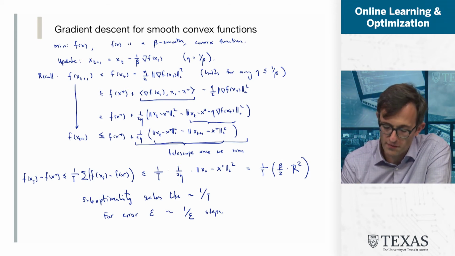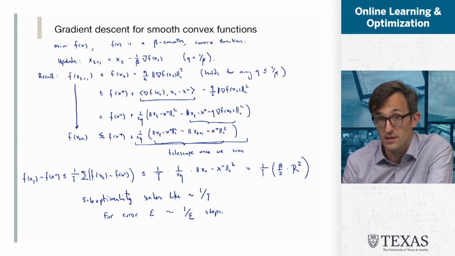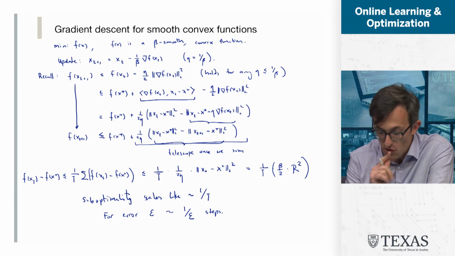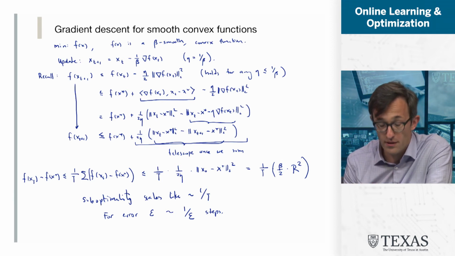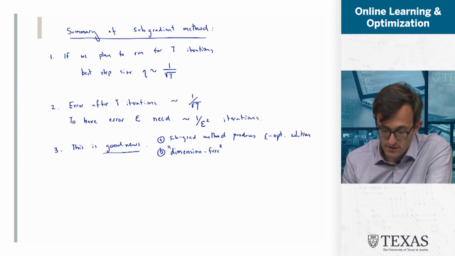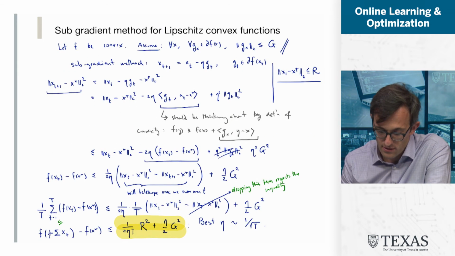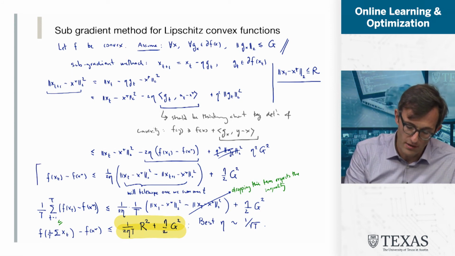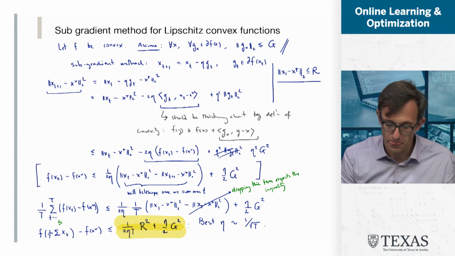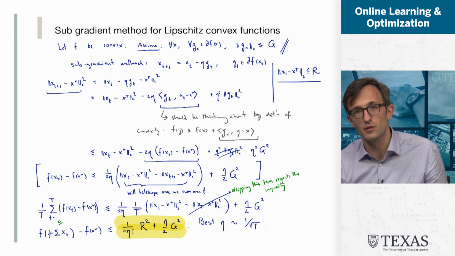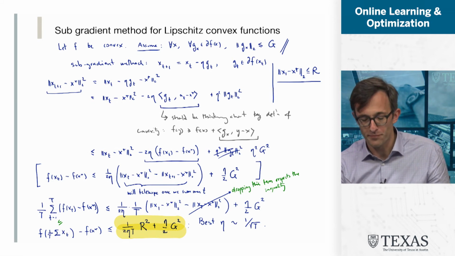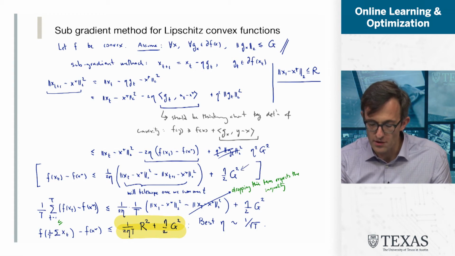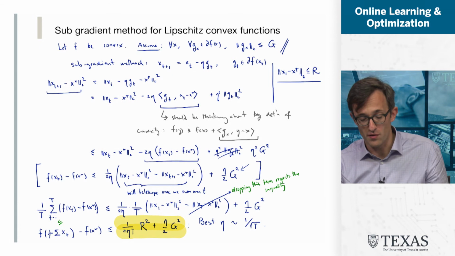Before we move on to strongly convex, let's briefly flip back and see where things went differently with subgradient descent. So there's a lot going on here, but let's focus in on this line right here, because this looks very, very similar to what we just saw. The only difference is that this final term was not there in the previous one.